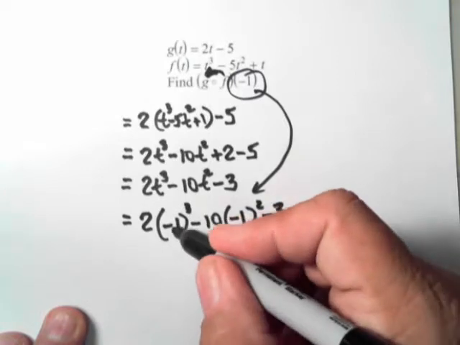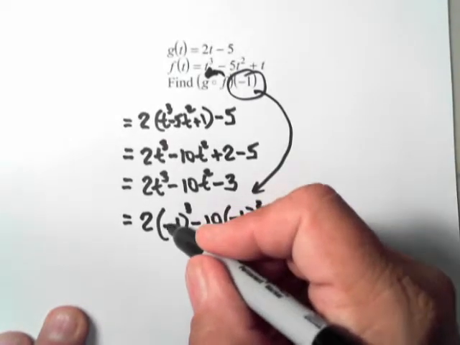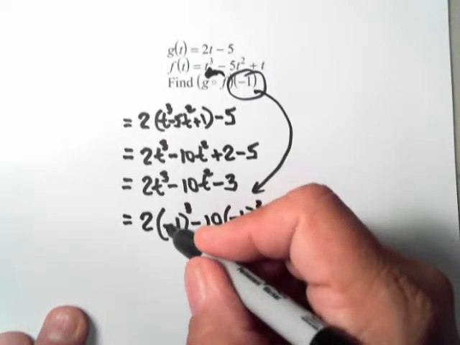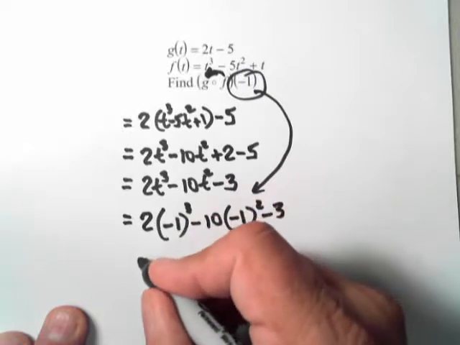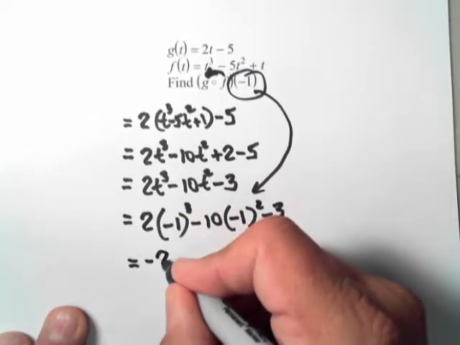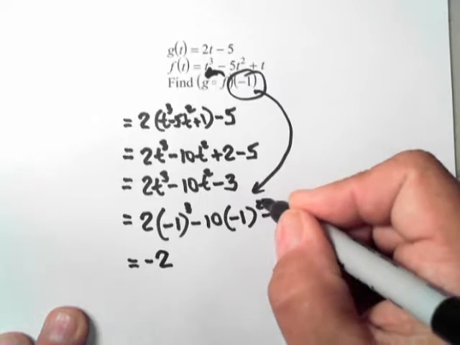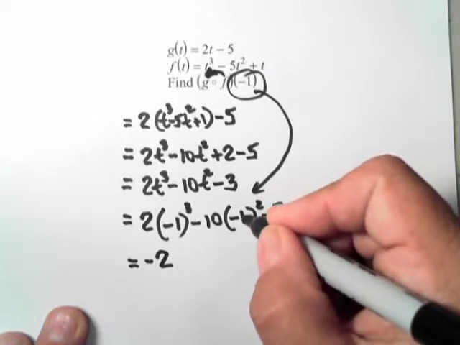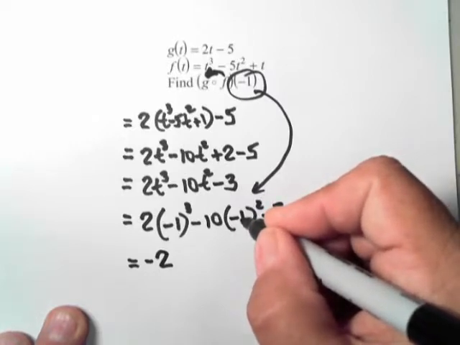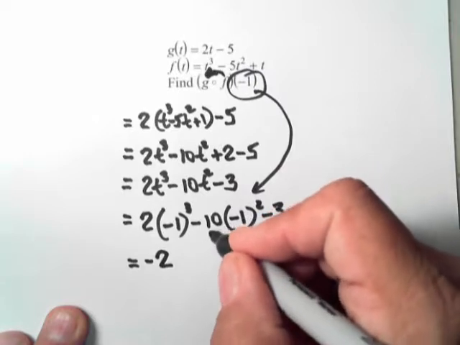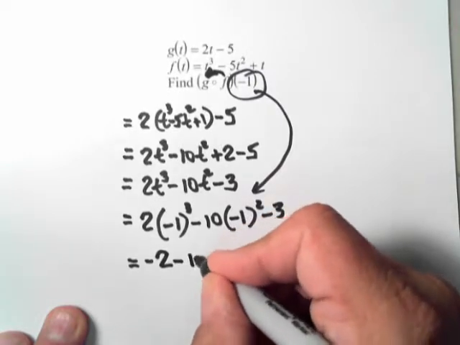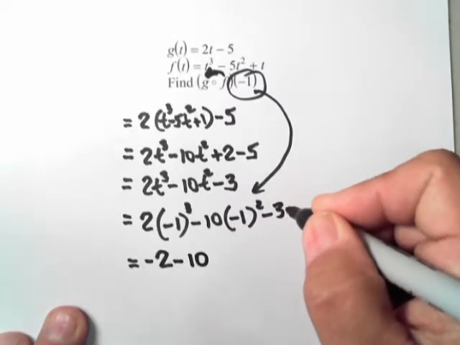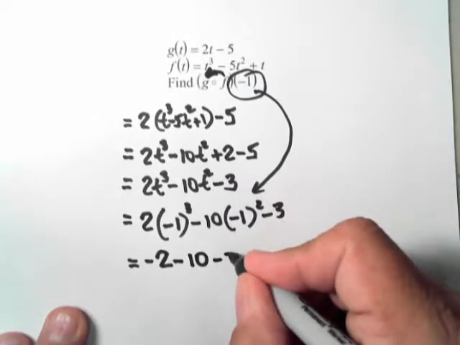Okay, well, negative 1 cubed, we got 3 minuses, so this is going to be negative 1 times 2, negative 2. Okay, negative 1 squared is positive 1. Positive 1 times negative 10 is negative 10. And then we have our negative 3.